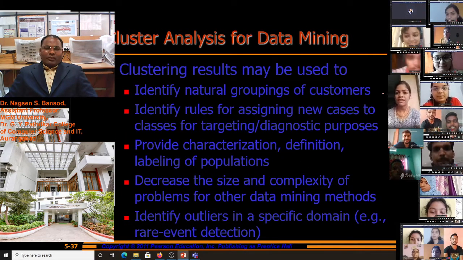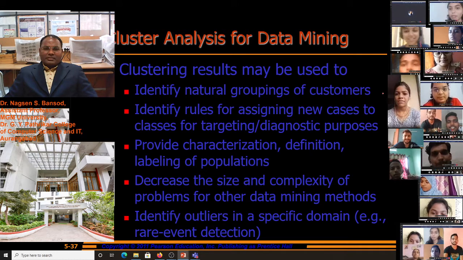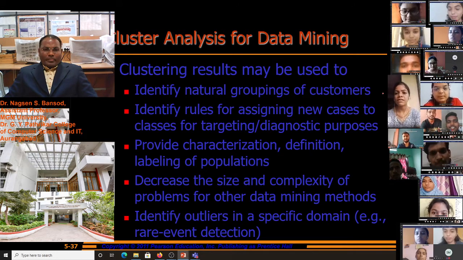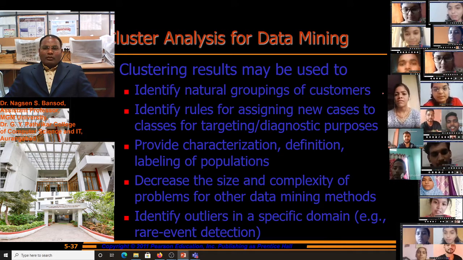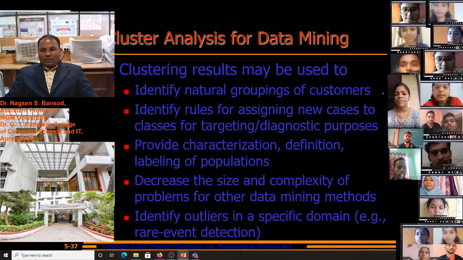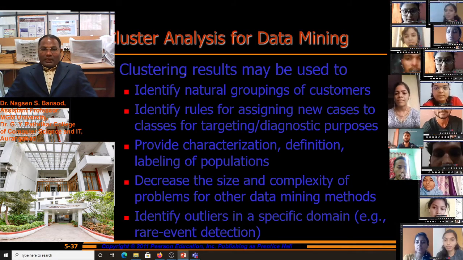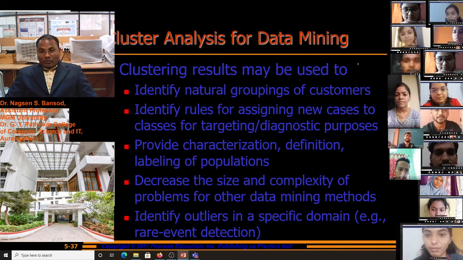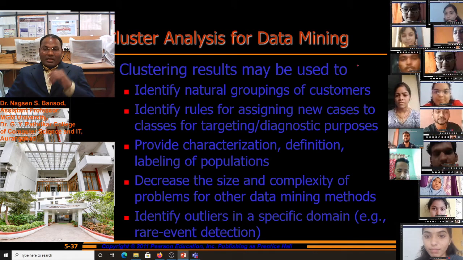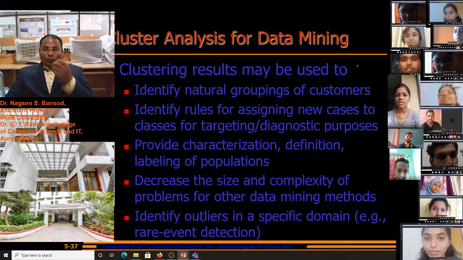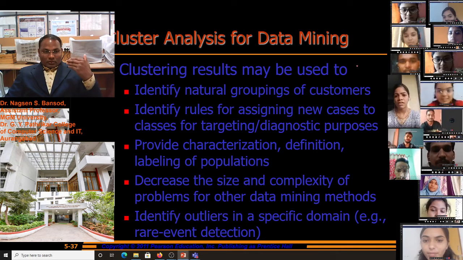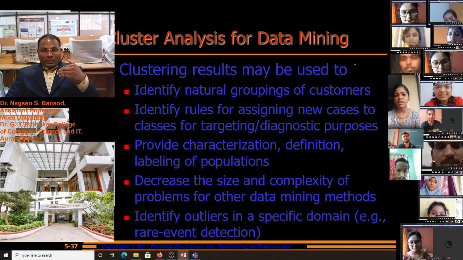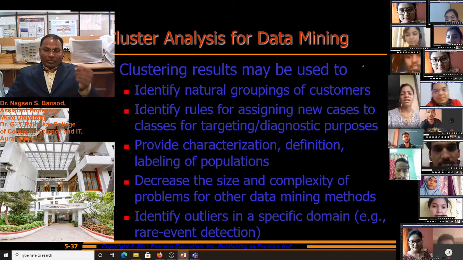Cluster analysis for data mining. Clustering results may be used to identify natural groupings of customers. We can also identify natural groups of customers: lower income group customers, high income group customers, customers close to our company, close to our product, customers interested in our product.